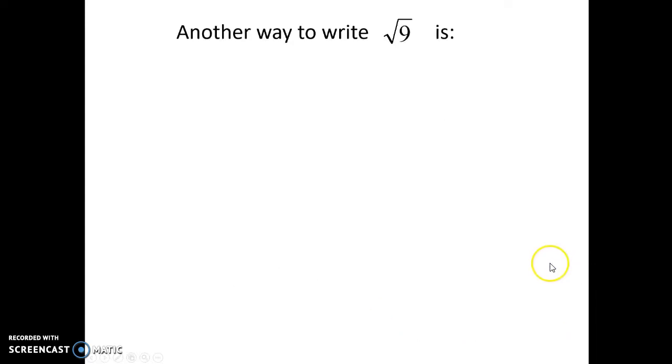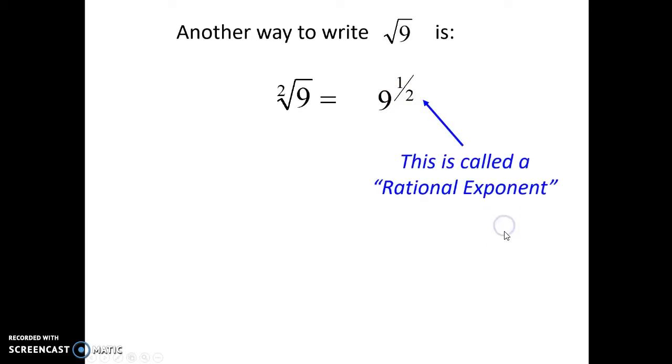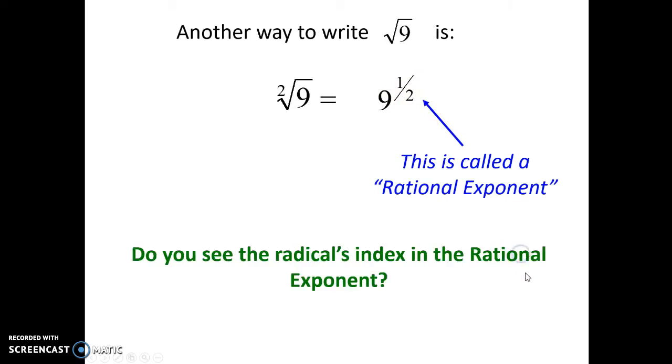Another way to write this is the square root of 9 is 9 raised to the 1/2 power. That is another way to write it. And when you change your square root to taking your radicand and raising it to the 1/2 power, this is called a rational exponent. Rational meaning the ratio of 2 numbers.